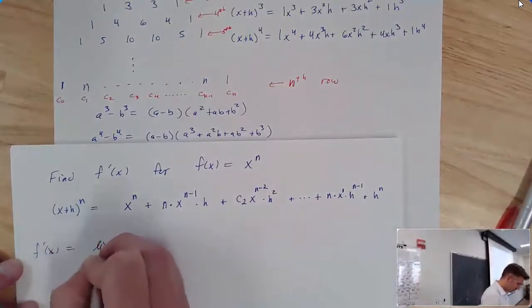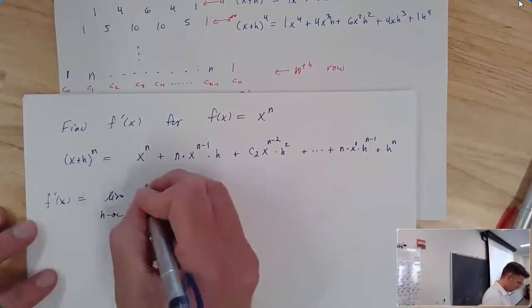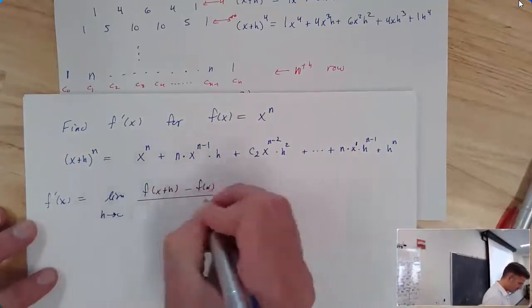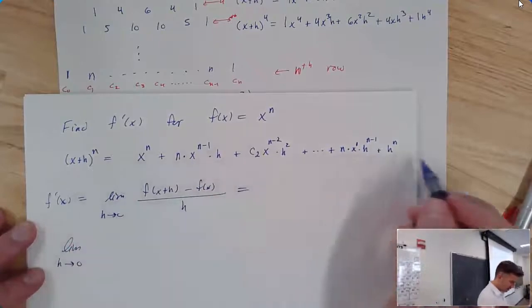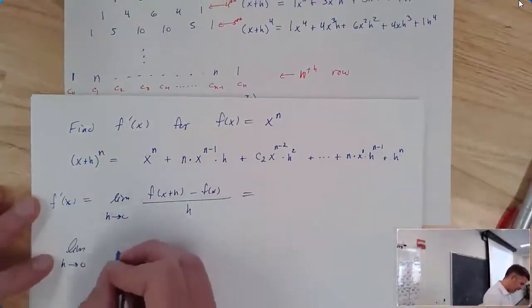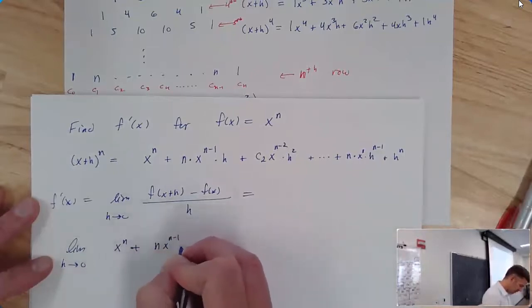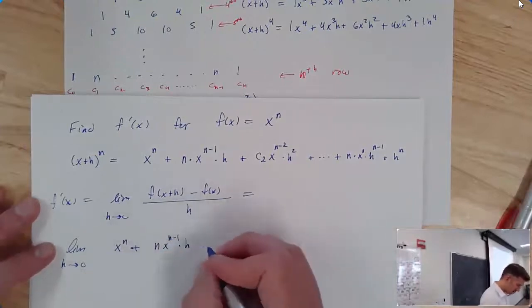It's going to be the limit as h goes to 0 of f of x plus h minus f of x all over h, which is going to be the limit as h goes to 0 of all of this. Okay, it's a lot to write again. x to the n plus n x to the n minus 1 times h. Wish my n's and my h's looked a little more different.